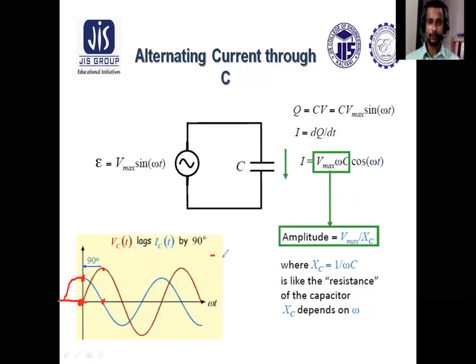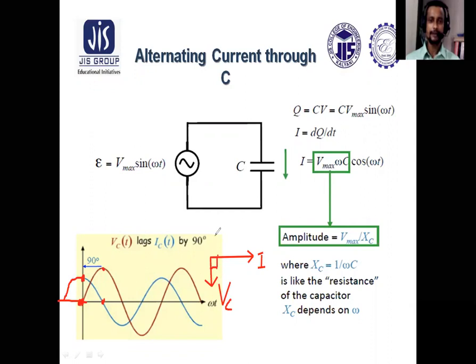So if this is the current axis, then VC will be lagging behind the current by 90 degree, or conversely, current will lead by 90 degree.